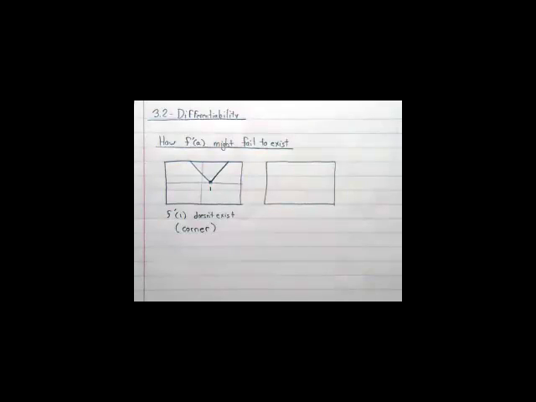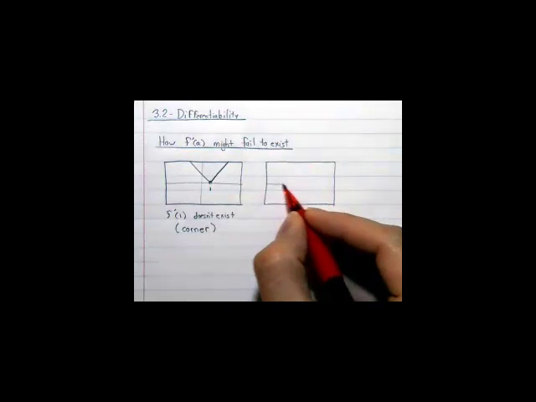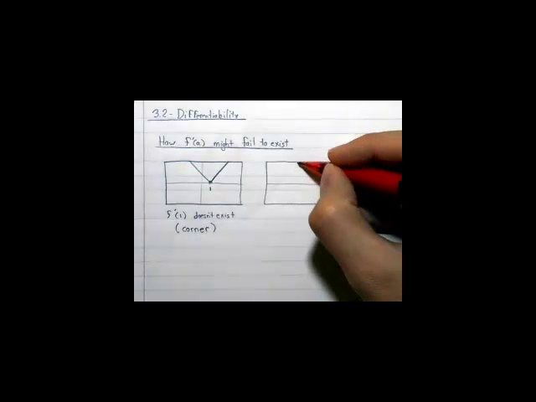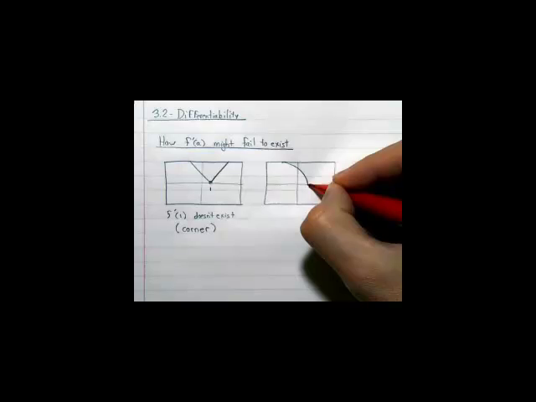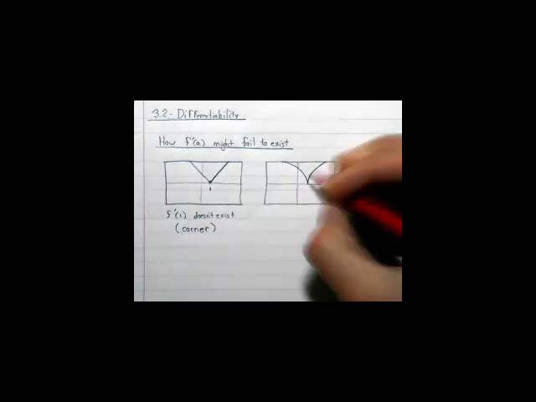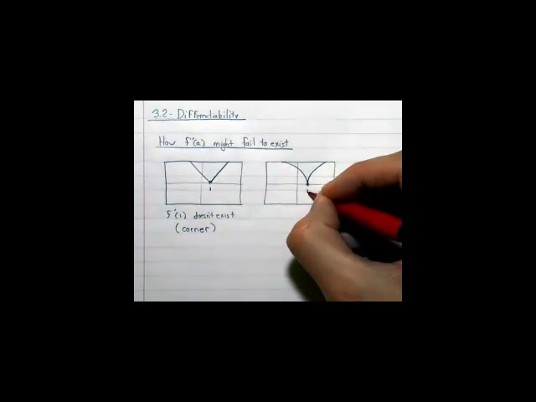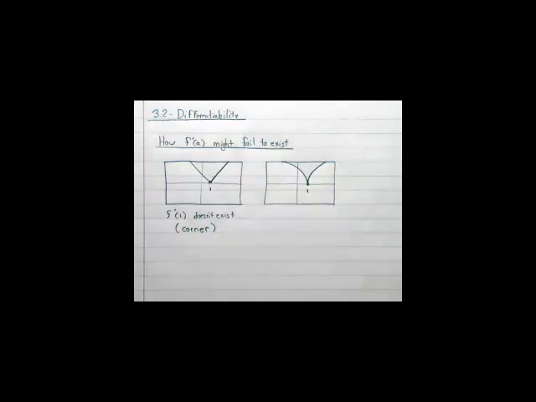is something called a cusp. And a cusp looks like this. Instead of two lines coming together, you have two curves that come together. But still, do you see how the slopes on either side are not matching?